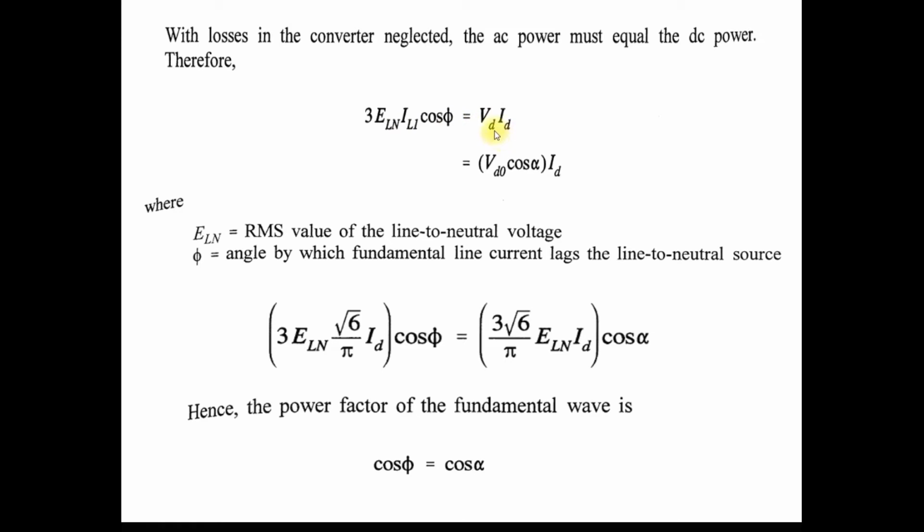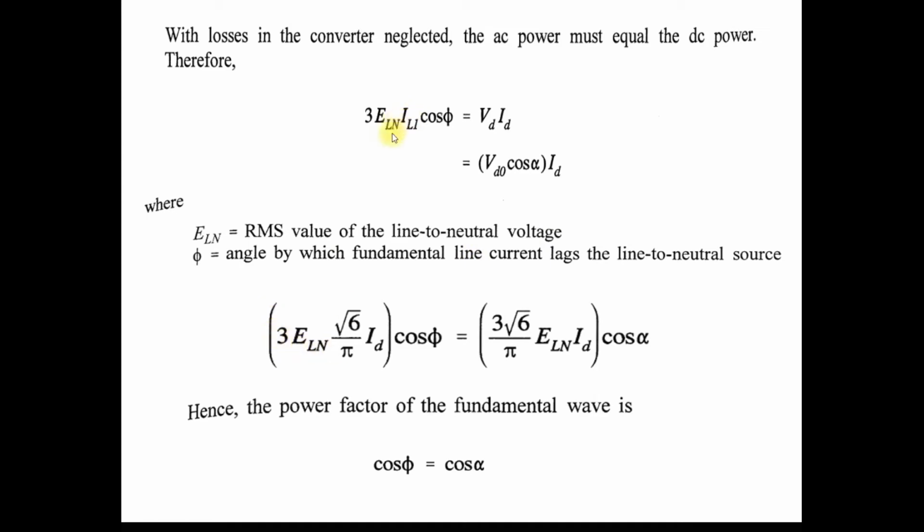As we derived the equation of Vd, the average direct voltage, which is equal to Vd0 cos alpha, put it here into Id. Here ELN is the RMS value of line to neutral voltage. And this phi is nothing but the angle by which the fundamental current lags behind the line to neutral voltage.